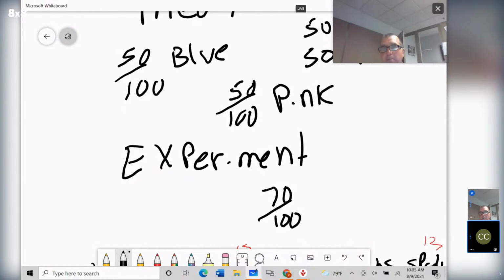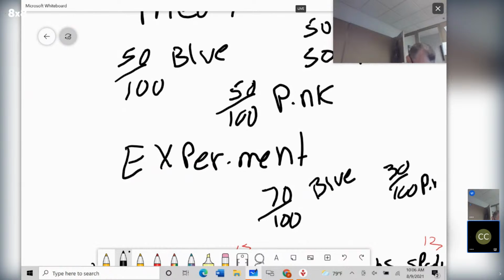So there's always 100 marbles in the bag. But say that we pick 70 blue and 30 pink. So that would be picking a blue 7 out of 10 times, and picking a pink would be 3 out of 10 times.